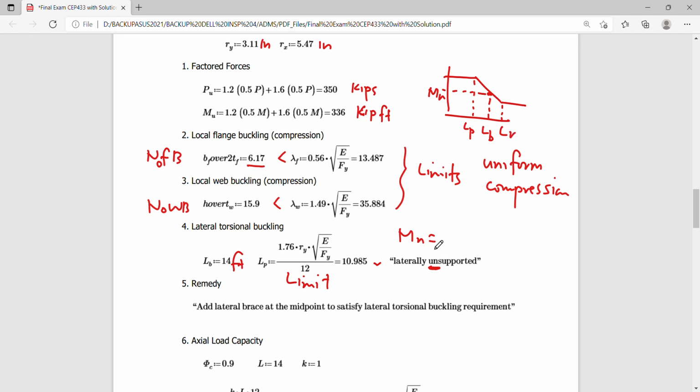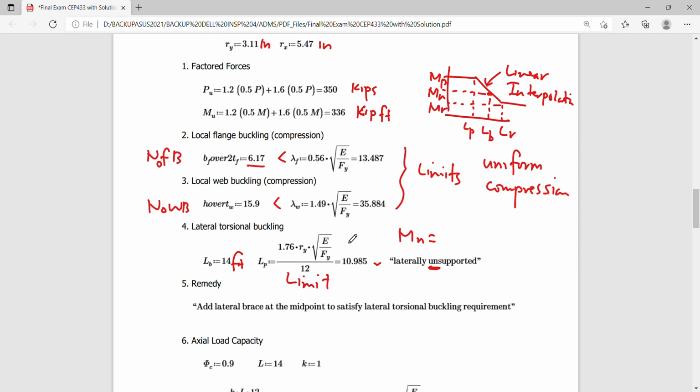So if you want to take the value of Mn here, we simply make use of a ratio and proportion or simply a linear interpolation of this. But this is Mp, and of course right here is your Mr.